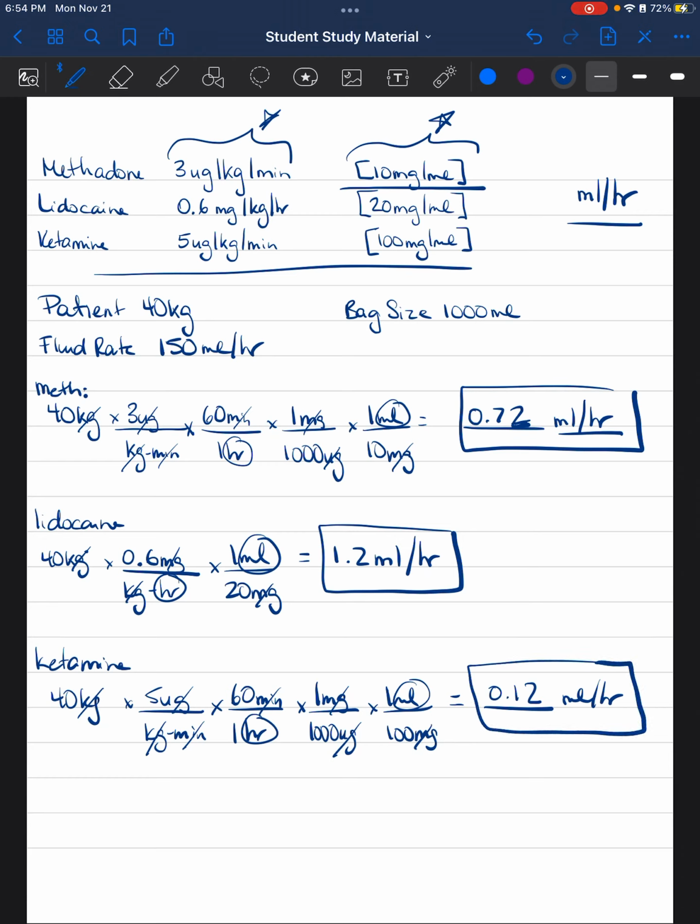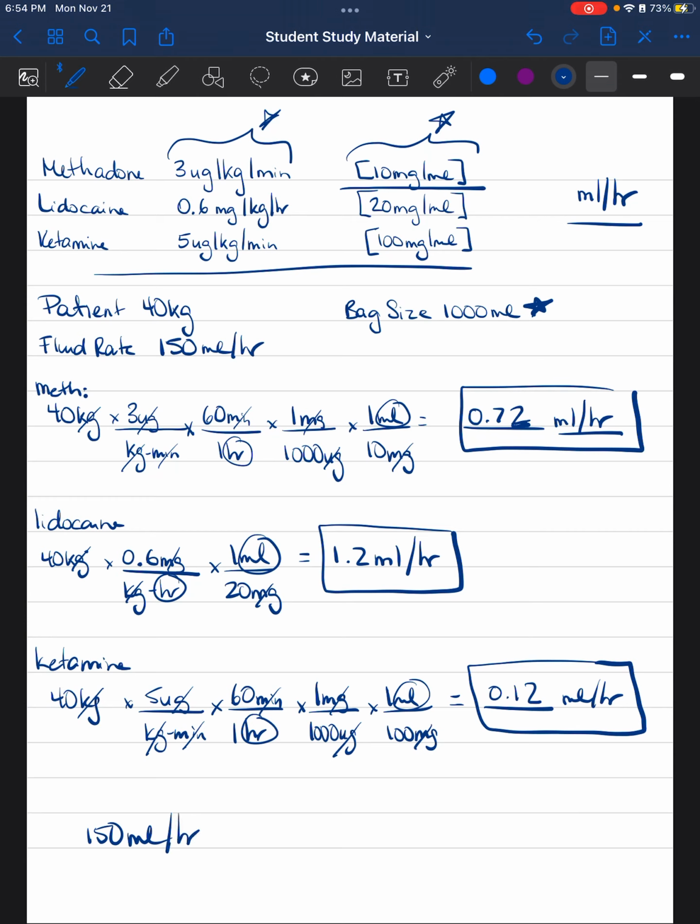Okay, so let's go ahead and add this to the fluid. Now we said we've got a 1,000 ml bag here, but let's just say that your patient has already been on fluids for 2 hours. So we said that our fluid rate was 150 mils an hour.